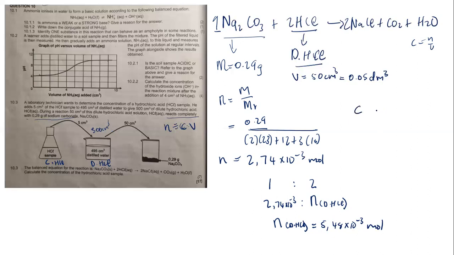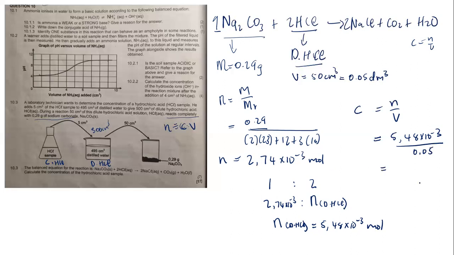So this is what I'm going to do. I'm going to say C is equal to n over V. Now, what is my number of moles? My number of moles is going to be 5.48 times 10 to the power -3, divided by what? This is my number of moles, remember? My volume, which is 0.05 cubic decimeters.